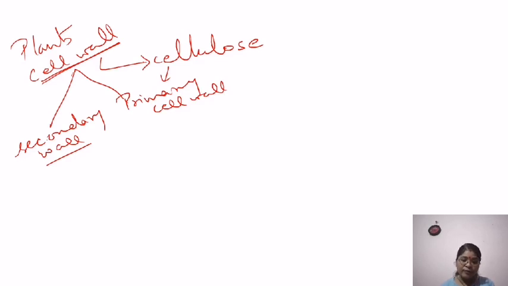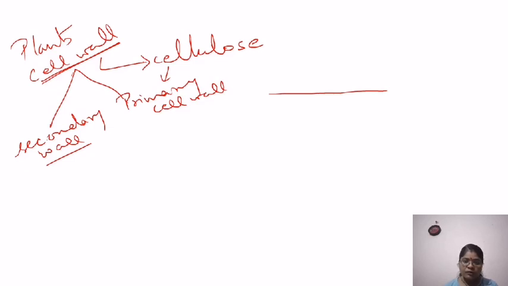Let me draw it for you. There is a middle lamella, and around it, on both sides, the primary wall is formed, which is a thin wall. I will try to make it thin.